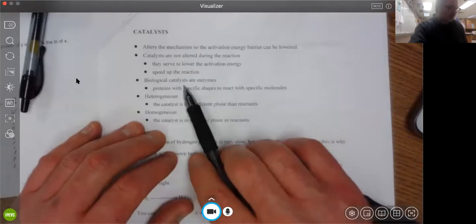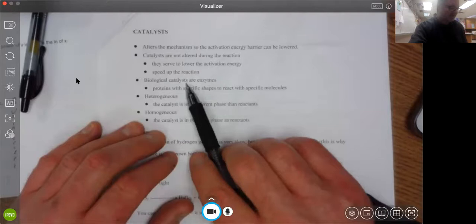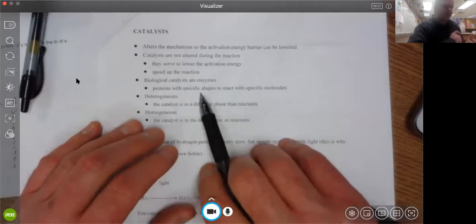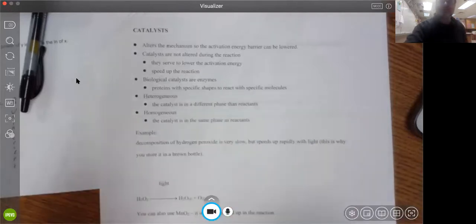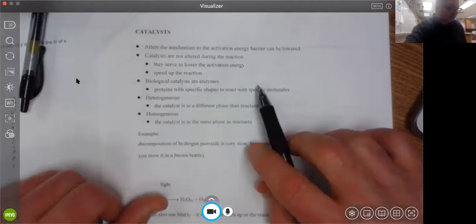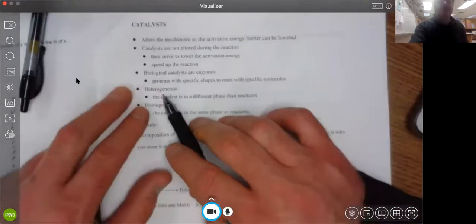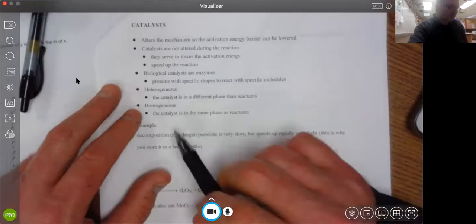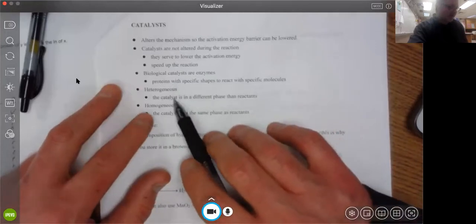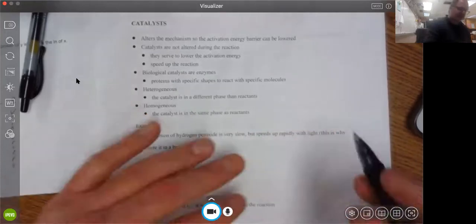The biological catalysts basically have a certain protein folding and specific shapes, so they react with specific molecules. And here's one that comes up a little bit. If we talk about heterogeneous, the catalyst is in a different phase than the reactants.